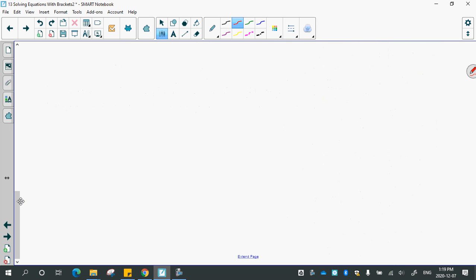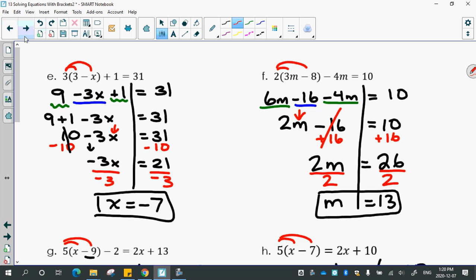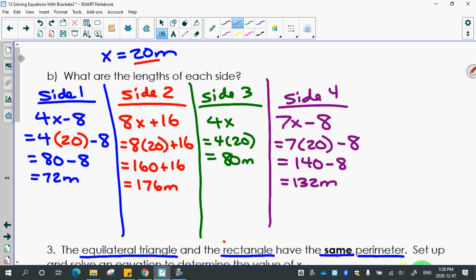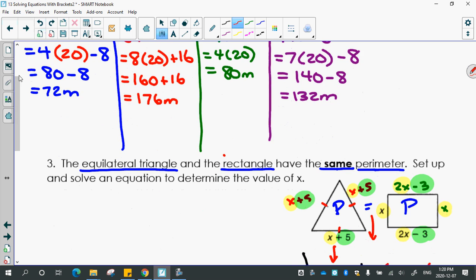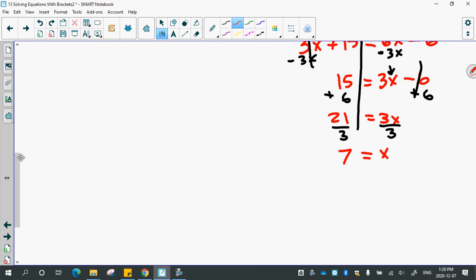We solved for x, so we just need a therefore. So I just need therefore x equals 7. And there's my answer. Okay?